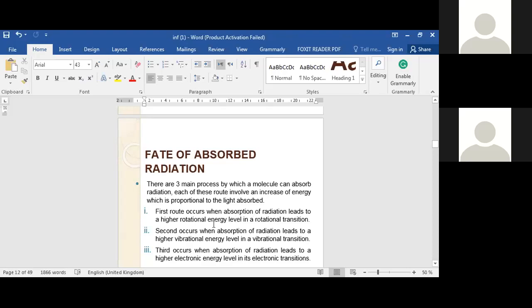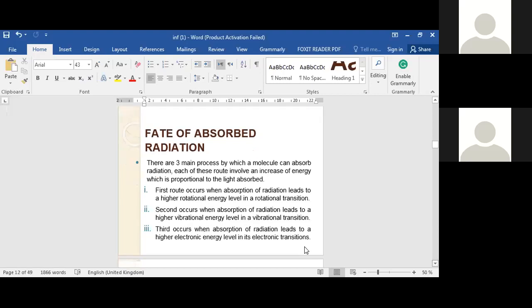First, absorption of radiation leads to a higher rotational energy level in a rotational transition. Second, absorption of radiation leads to a higher vibrational energy level in a vibrational transition. So first one is rotational, second one is vibrational.